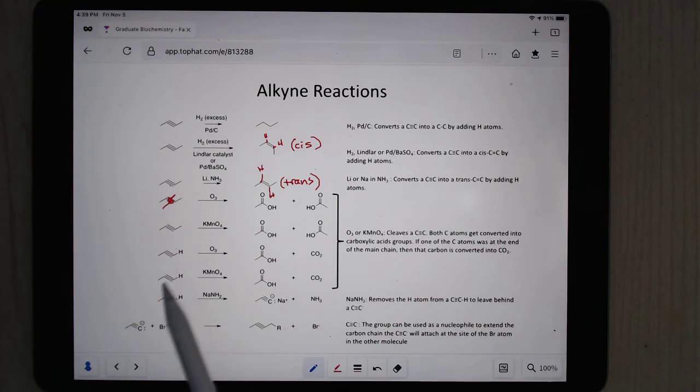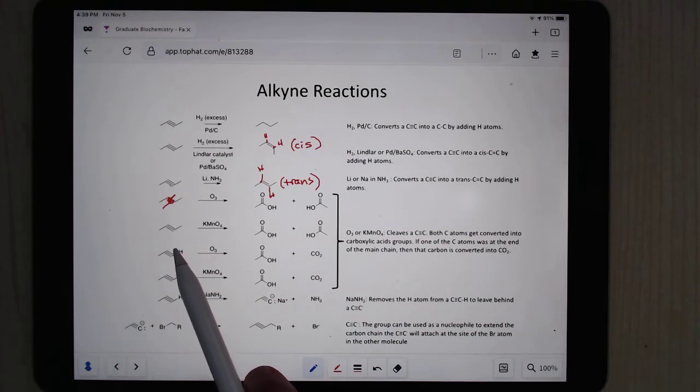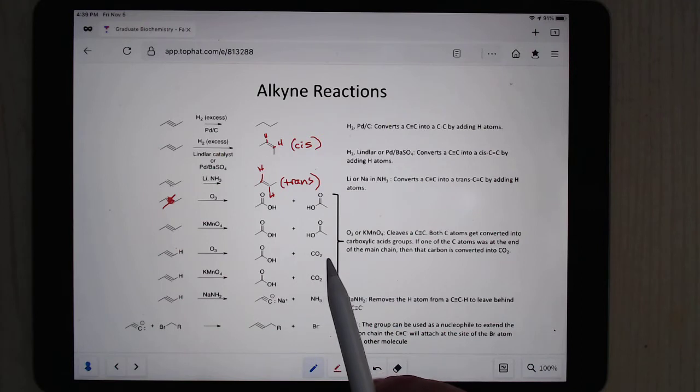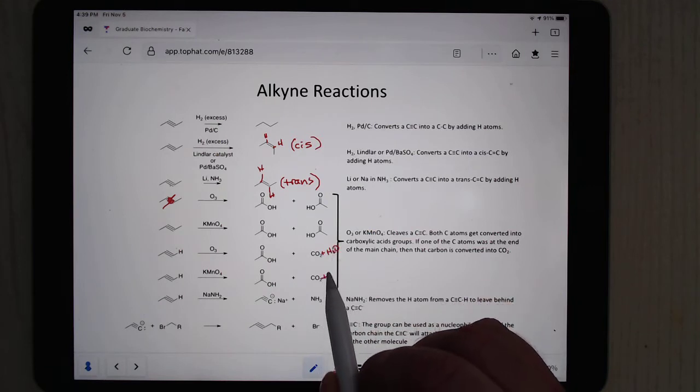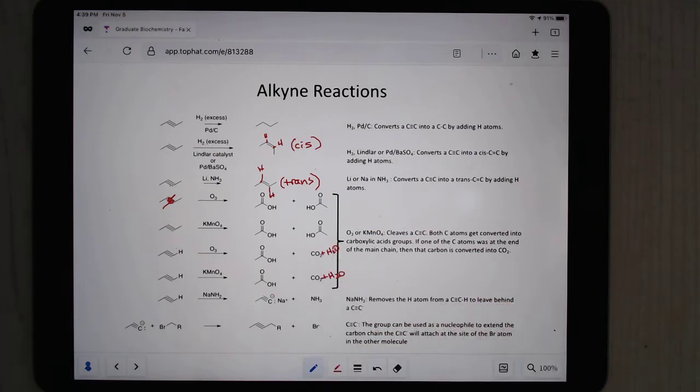Now the problem is, if it's a terminal alkyne, you're still going to be making the carboxylic acid, but those aren't stable, and so you're going to lose this as CO2. Okay, so it's going to eventually get further oxidized to carbonic acid, which then breaks down into CO2, and I guess technically water. So you have to be careful with oxidative cleavage at the terminal.